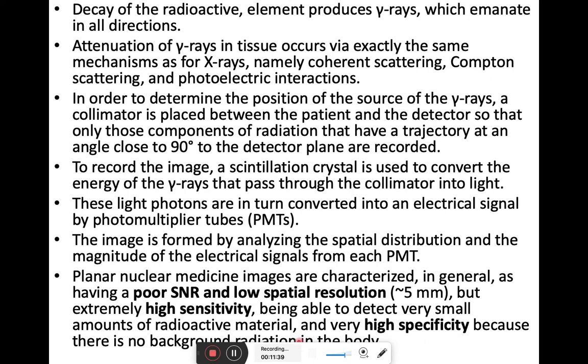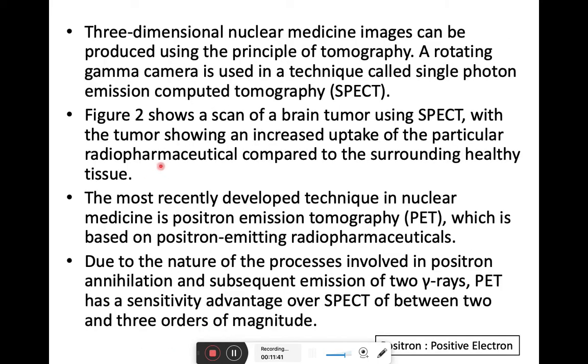Now, in terms of three-dimensional NMI images, they are produced by using the principle of tomography. If you still remember, the principle of tomography involves rotation. For NMI, it has a rotating gamma camera.